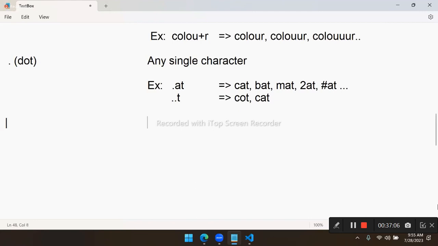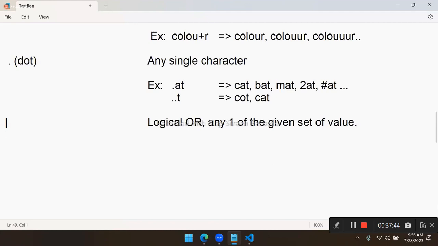It represents logical OR. Actually, logical OR is a double pipe, but here it's just a single pipe. That indicates logical OR. That means it defines any one of the given set of values.